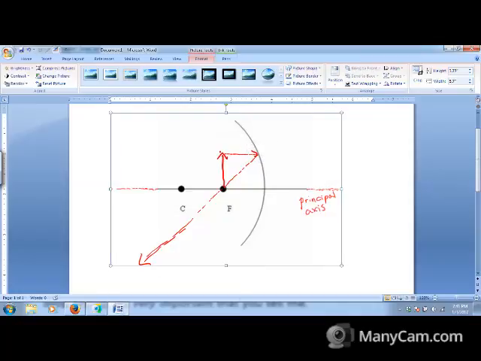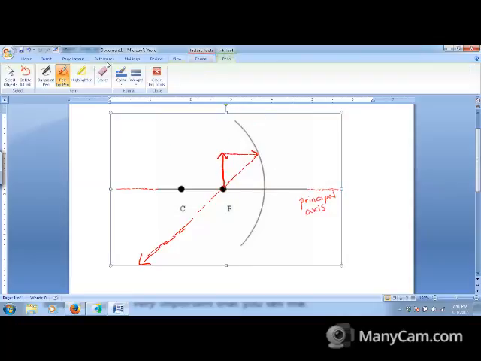This one's parallel to the principal axis, but we can't really do one through the focus. It rests right on top of the focus. So instead, we're actually going to have to use another incident ray. Now notice that I've used the 2 rules that I've guidelined below as incident rays. 2 incident rays are needed to create this image.